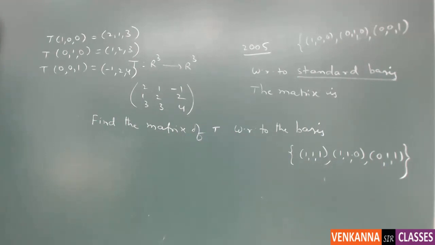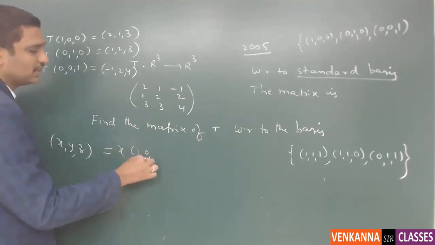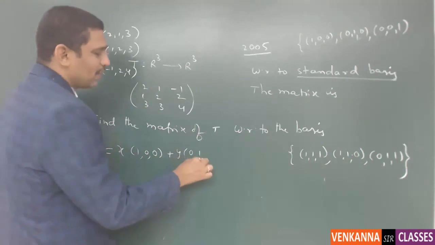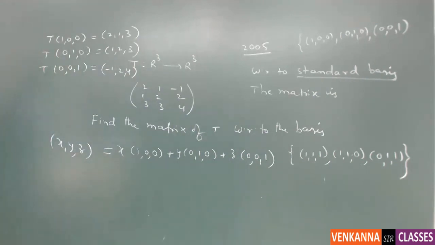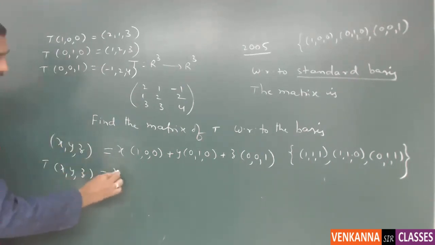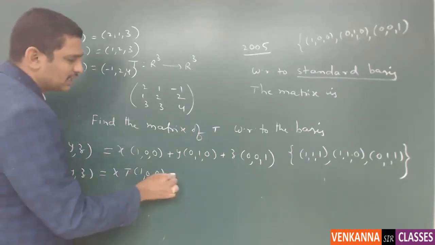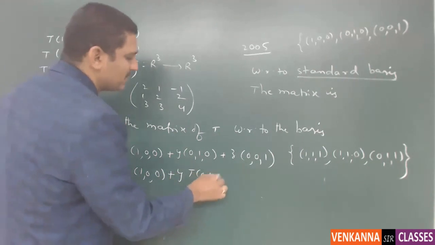And also, writing the linear combination is very easy, again because you are using a standard basis: whatever vector xyz you take, it is nothing but x into 1 0 0 plus y into 0 1 0 plus z into 0 0 1. Please understand that in the previous problem, for the domain basis, I obtained the linear combination and then applied T on both sides. Here, there is no need to do that. It is very simple because we are using a standard basis.